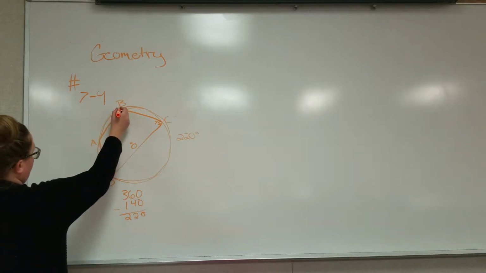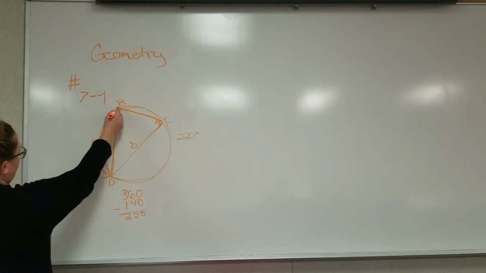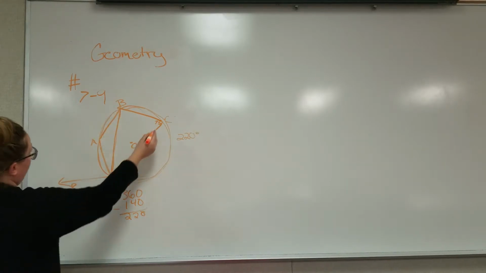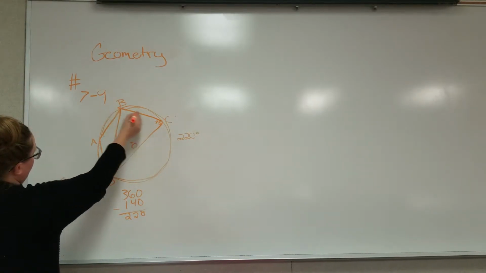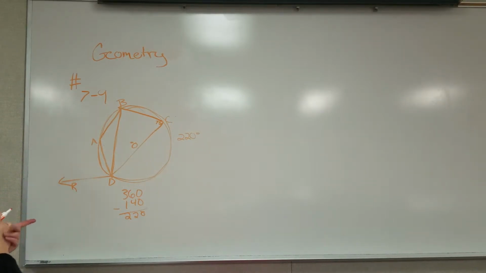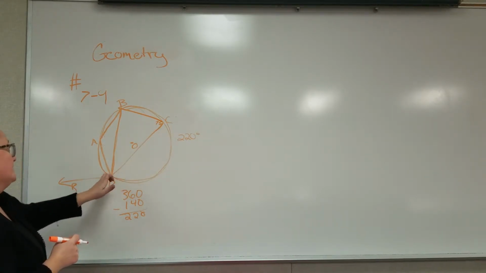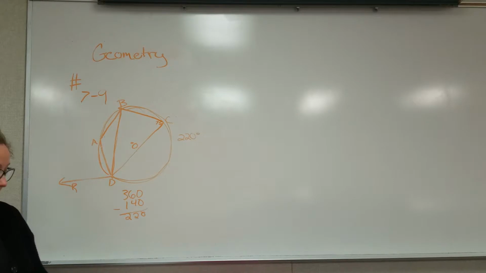So BDR is right here. Its intercepted arc is BD. Angle C, its intercepted arc is BD. They have the same intercepted arc, so they are equal. So if this angle is 75, this angle has to be 75 because they have the same intercepted arc.